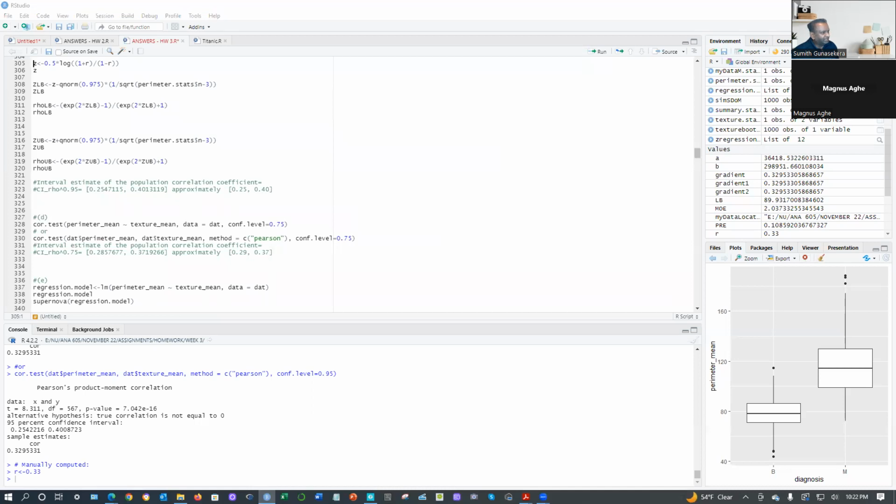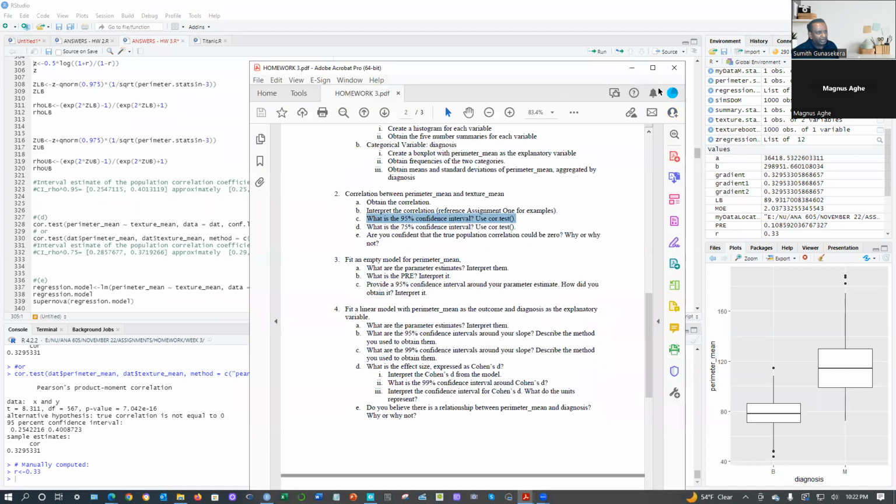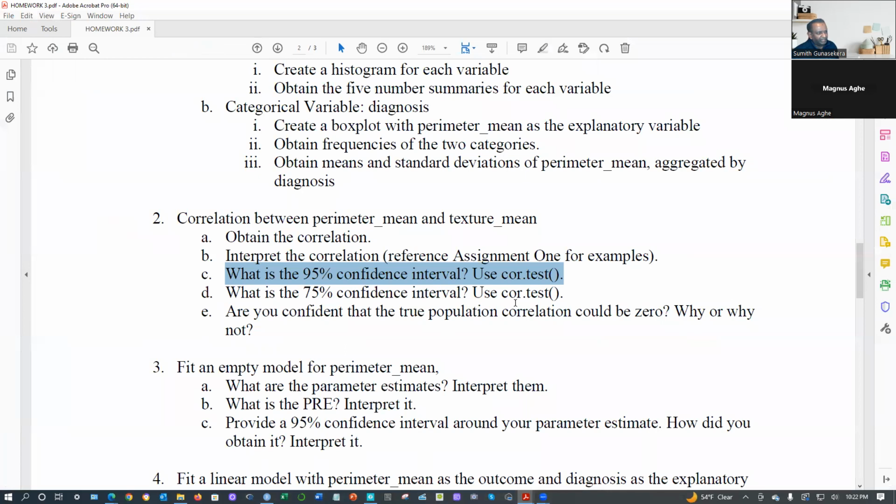And part D, same thing. We're going to use the 0.75. Are you confident that the true population correlation could be 0? We can talk about that tomorrow.